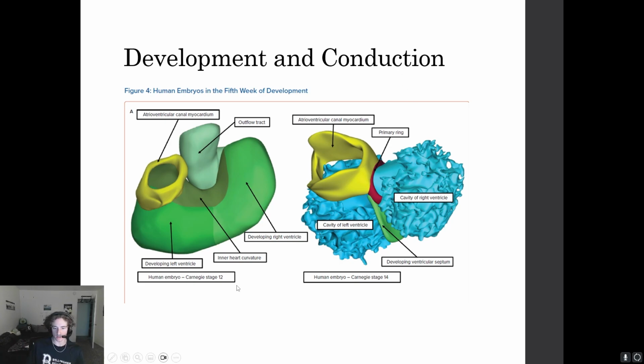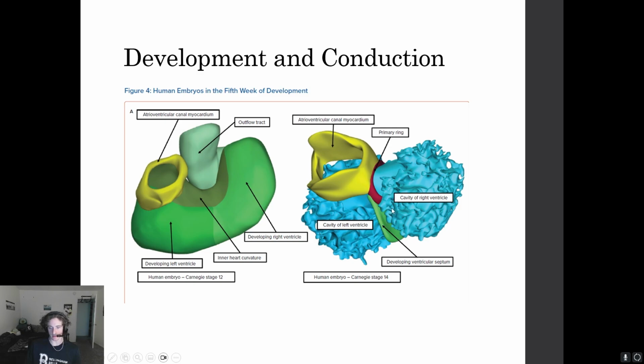And then looking over here, Carnegie stages are essentially just stages of development that have been defined. So now the blue is going to be the cavity. Instead of the actual tissue, it's the cavity of the ventricle. And we see the same atrioventricular canal myocardium, and then things would be flowing into the left ventricle, right?